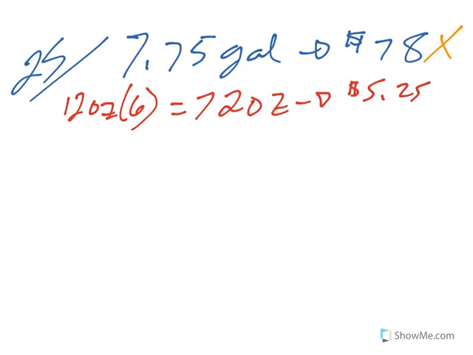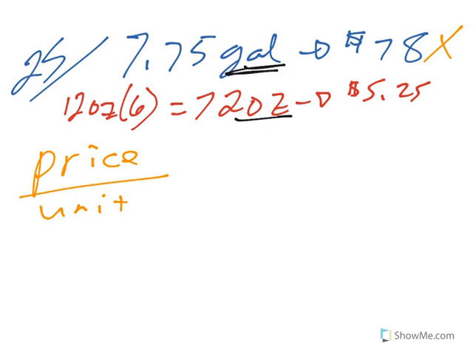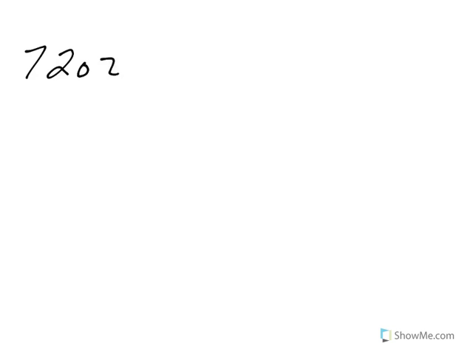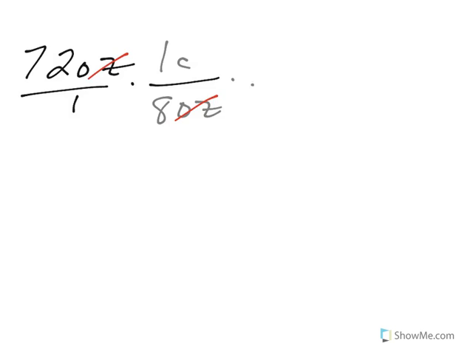Well, if we're comparing two things, we want to find price per unit. The amount on top and the unit on the bottom. But to compare nicely, we've got to be in the same unit. So we either need to put them both in gallons or both in ounces. So I'm going to change my 72 ounces to gallons. If you remember, 8 ounces is a cup. Ounces go away. 2 cups is a pint.